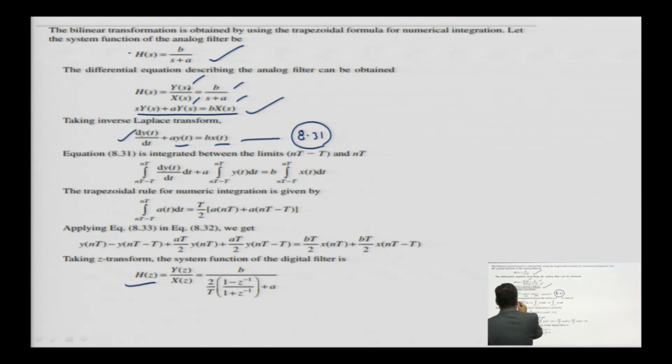So, you have to integrate both the sides between nT minus T to nT. So, the integral from nT minus T to nT of dy(t)/dt dt plus a times the integral from nT minus T to nT of y(t) dt is equal to b times the integral from nT minus T to nT of x(t) dt.